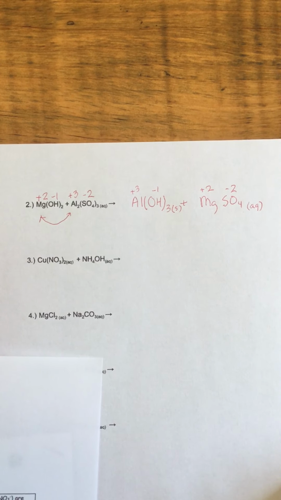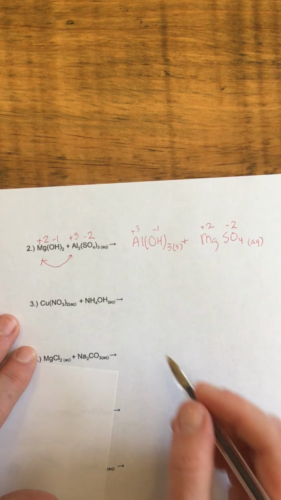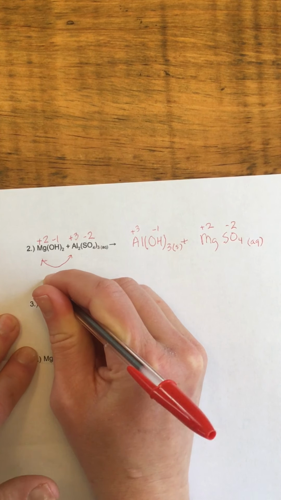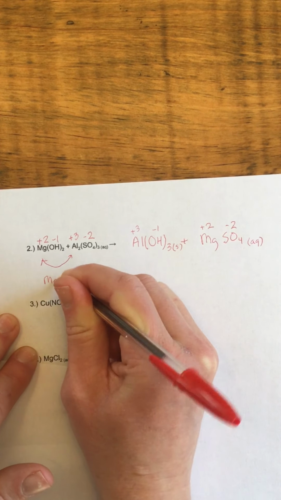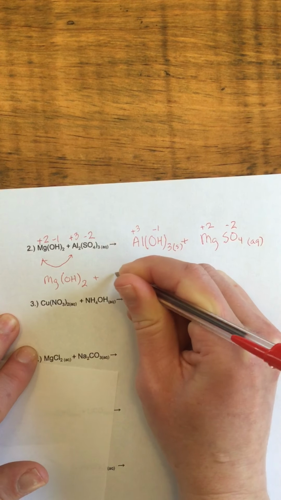So to balance, I need to make sure that I have the same number of reactants as products. Again, I'm just going to rewrite the whole equation so that there's plenty of space here to put in coefficients.